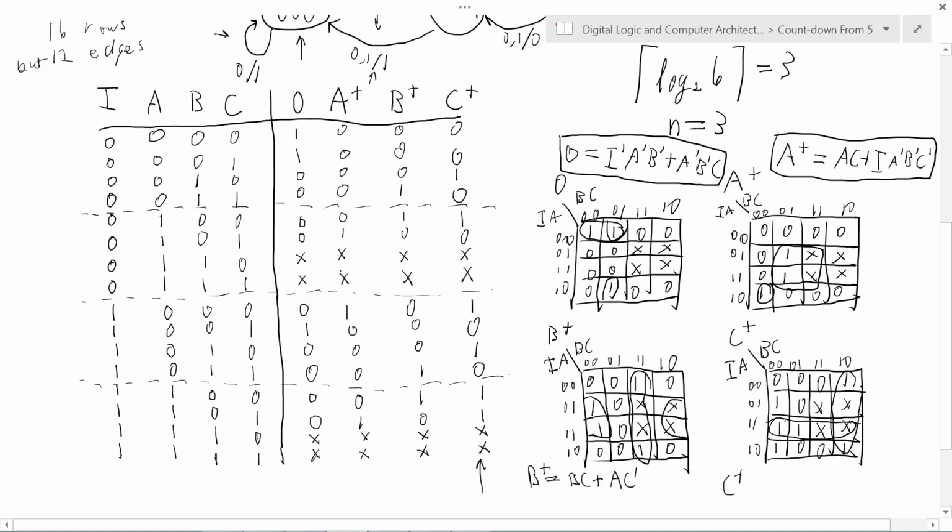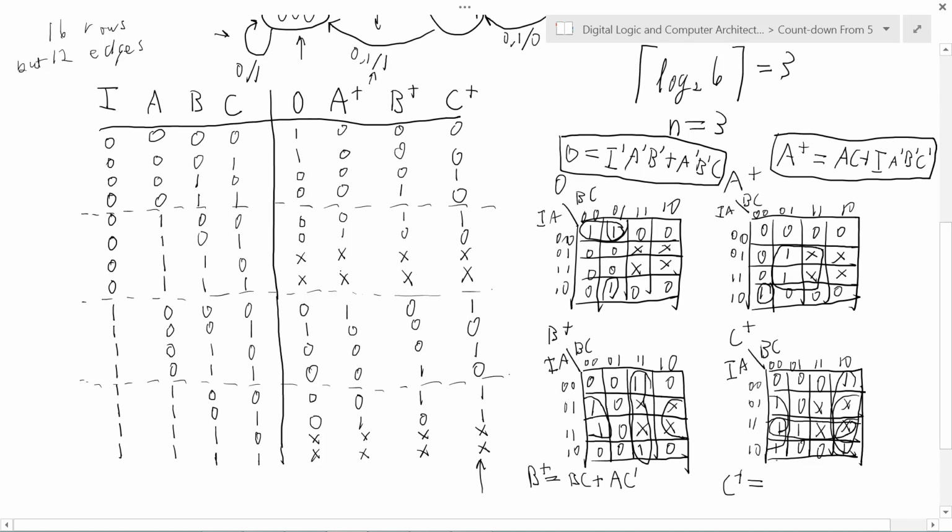Then we can cover a third group here and here as well. Pretty ugly. So 4 groups.